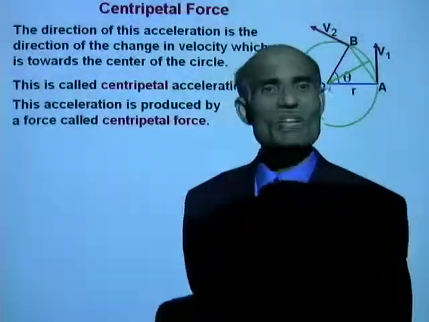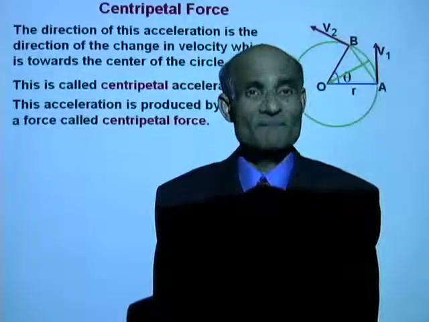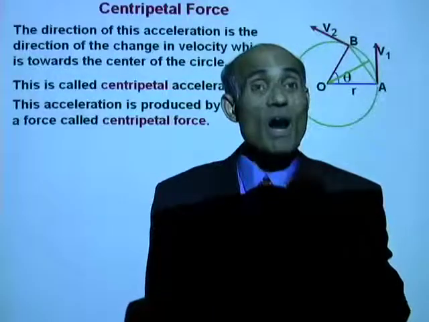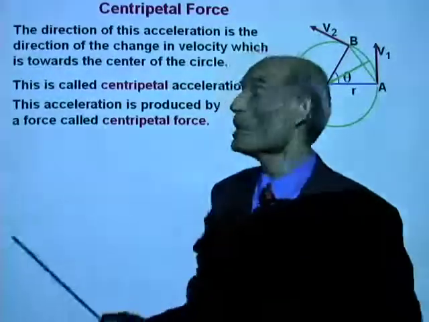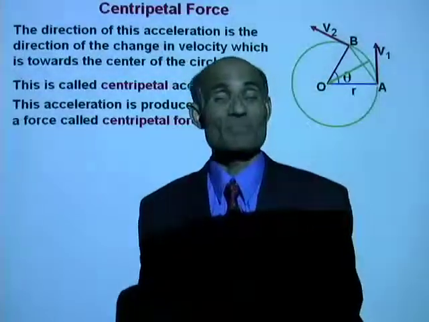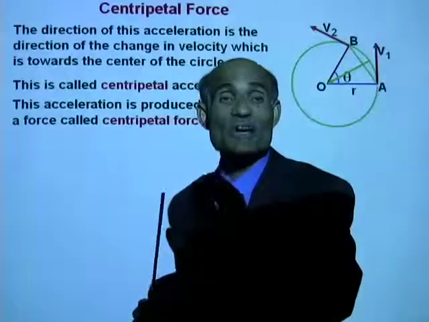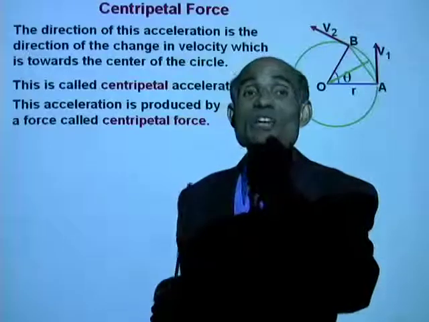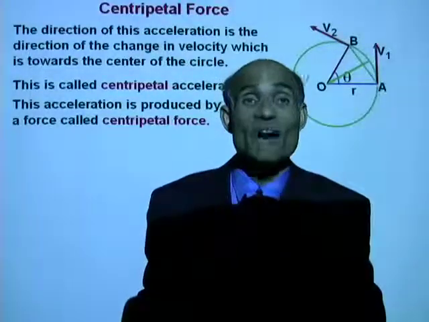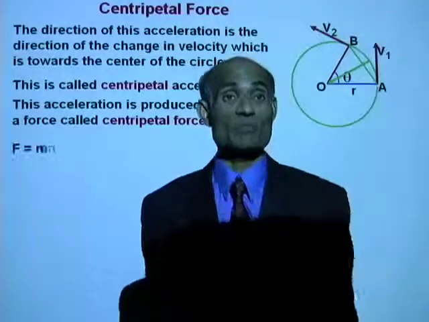All right, tell me, what is the equation we derived for the centripetal acceleration? A equal to v squared over r. In that case, what is the equation for the centripetal force? Well, force equal to mass times acceleration. If the acceleration is v squared over r, then the force causing that acceleration must be mass times v squared over r.